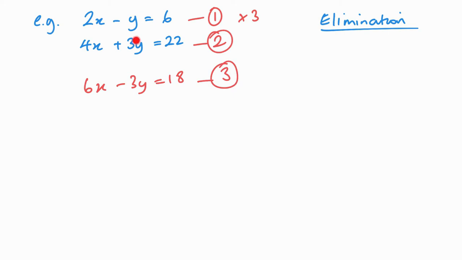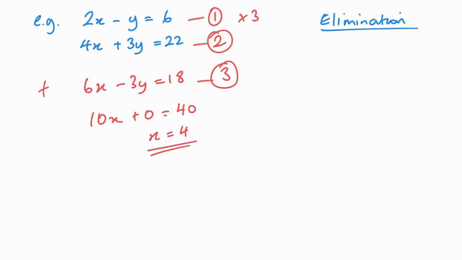Now when I look at these, the y's are the same size, but they have different signs. Different signs means I add. So 6x plus 4x is 10x, 3y plus negative 3y is 0, 22 plus 18 is 40. So 10x equals 40, so x equals 4, which is what we got the first time.